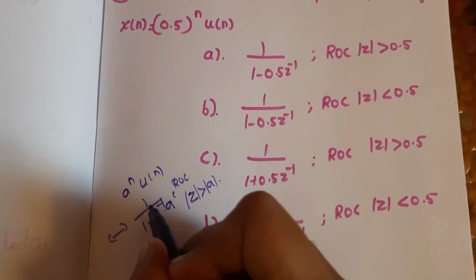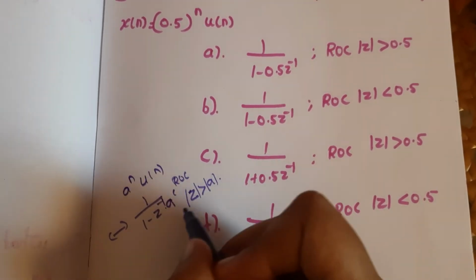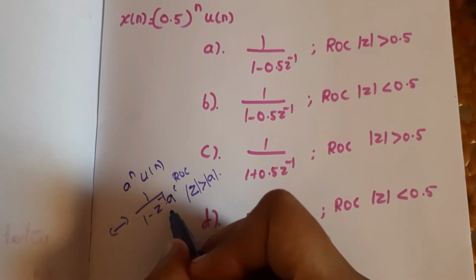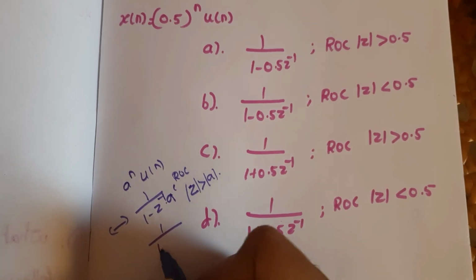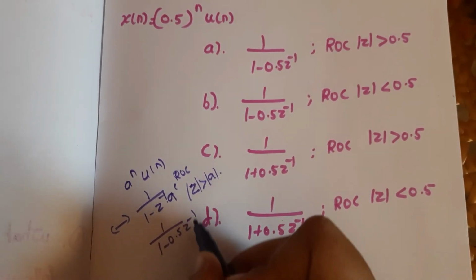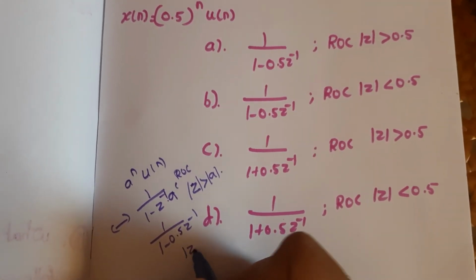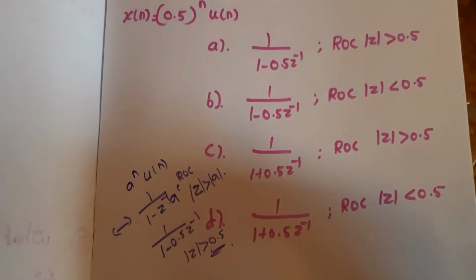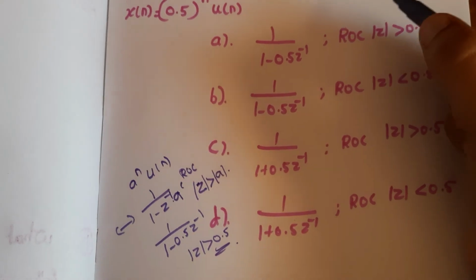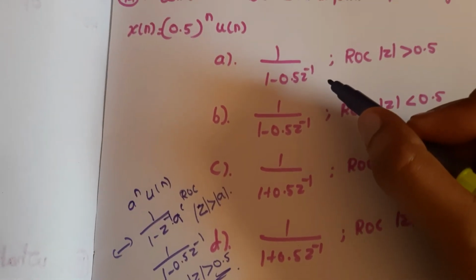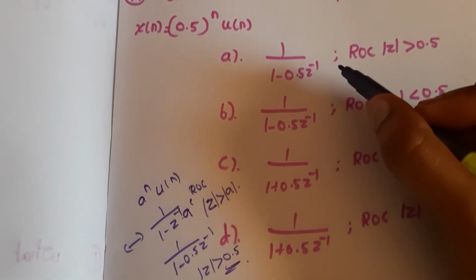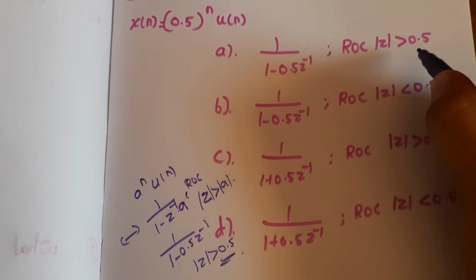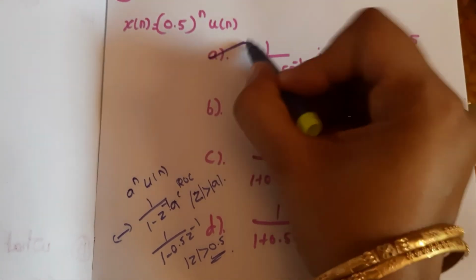Here a value is 0.5. So putting a equal to 0.5, we get 1 divided by 1 minus 0.5 z power minus 1 with ROC Z greater than 0.5. So A is the answer.